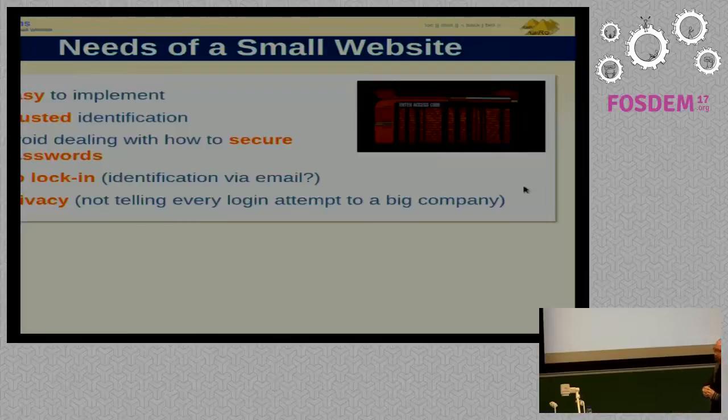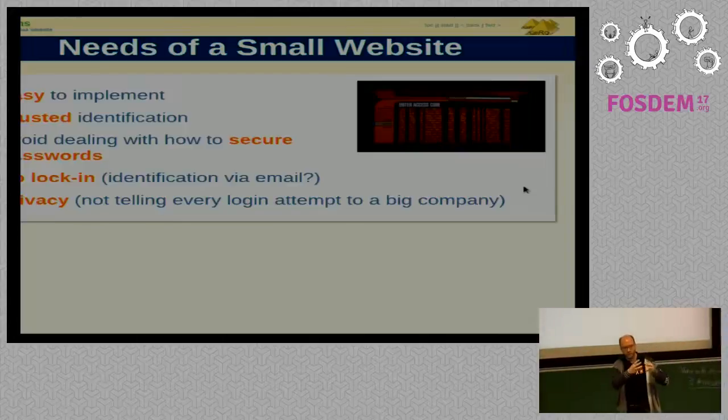And that's upgradable, by the way, if newer standards come out for that. You don't want to be locked in. So if one authentication or identification provider goes away, you want to be able to still communicate with your users and switch to something else.